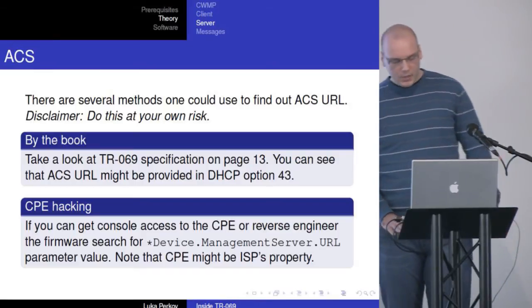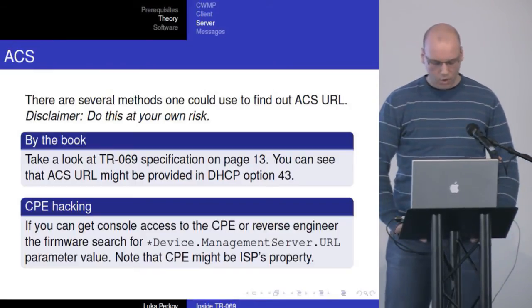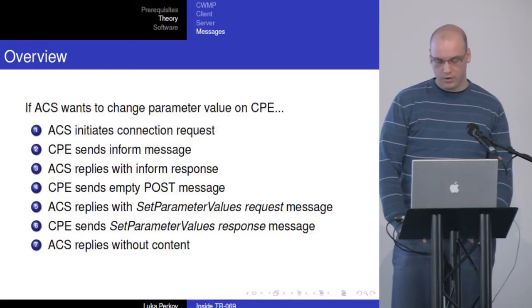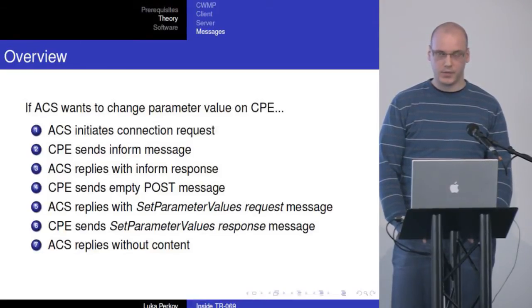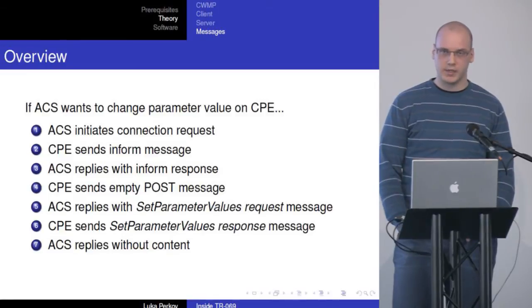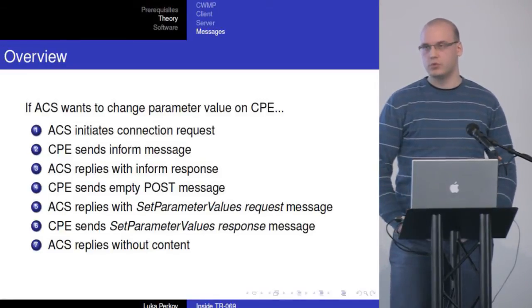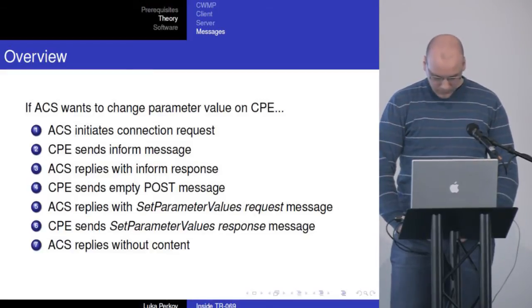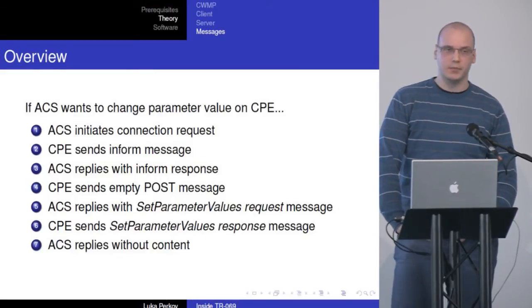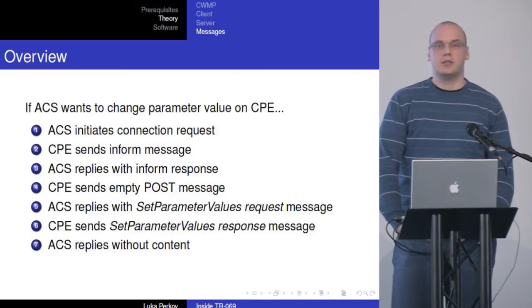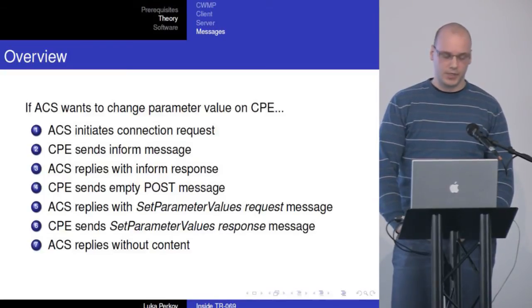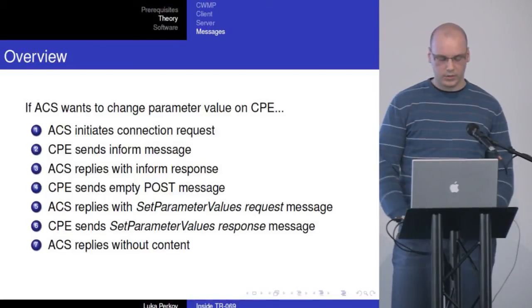So a quick overview of the situation when CPE is already connected to the ACS and was provisioned, and the ACS wants to change some parameter on the CPE. ACS would connect to the CPE. CPE would then end this connection and connect back to the ACS.